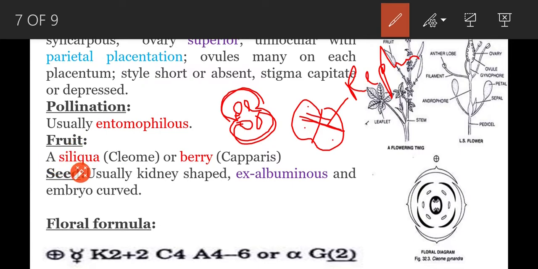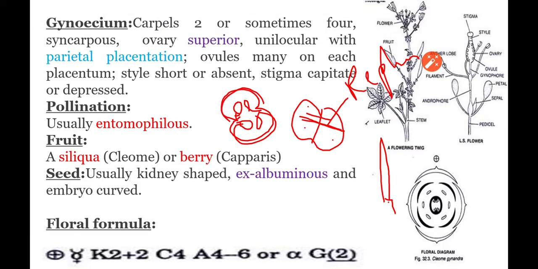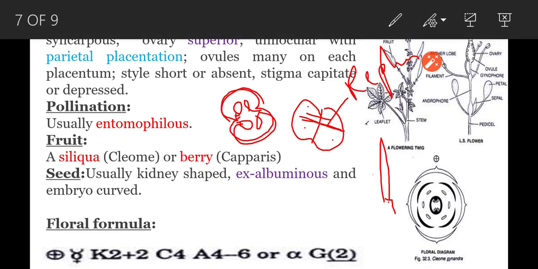What is siliqua? You see here in Cleome gynandra. In the Cleome gynandra plant, the fruit is narrow and long. It is developed from a bicarpellary syncarpous unilocular ovary. In this fruit, a false septum is developed.